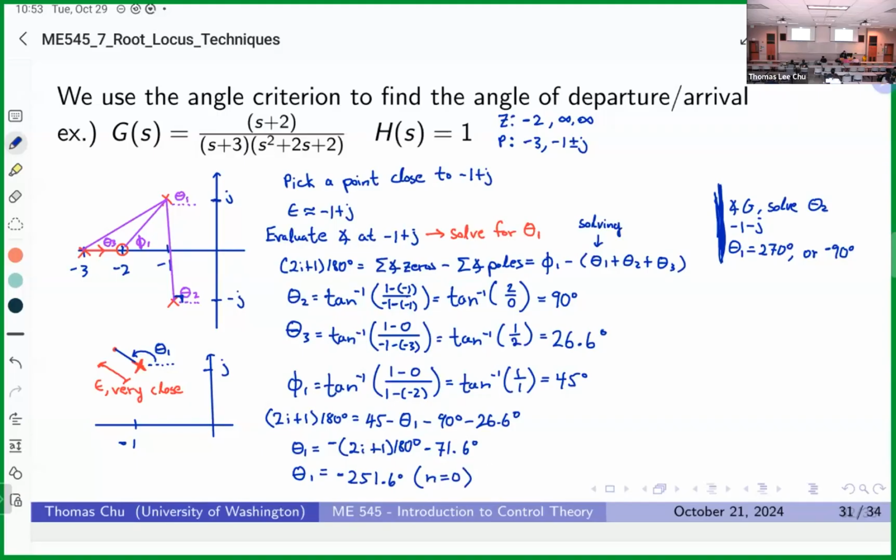So this doesn't seem like a number that makes sense. If you add 360 degrees, because that doesn't change it, we actually get 108.4 degrees.